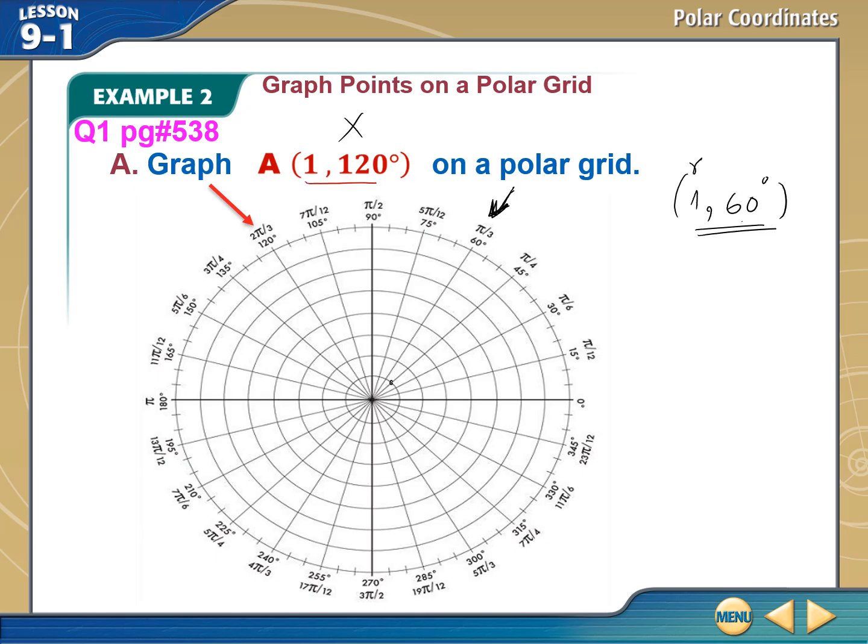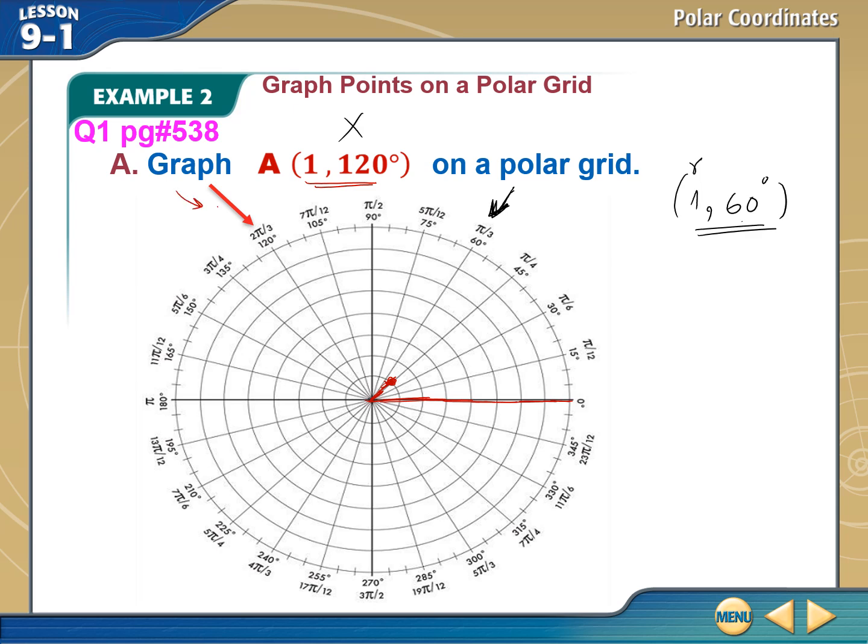Somewhere people have made it like that also. Somewhere you can find the diagram like this also. But as they are saying only graph the point, you just show the point and that's all. Now the second is 1 and 120 degrees. Where is 120 degrees? Over here, the arrow shows 120 degrees.